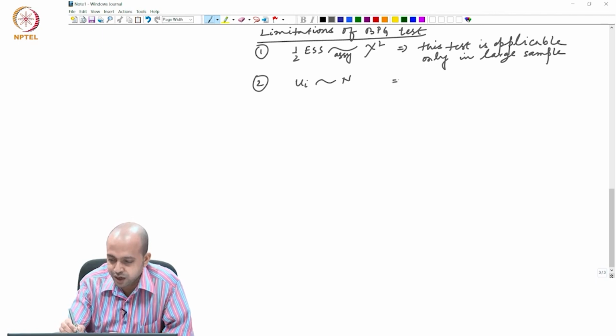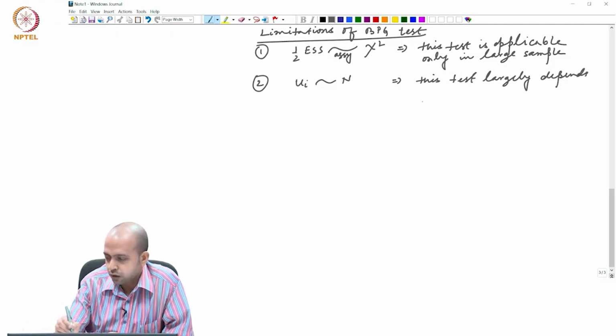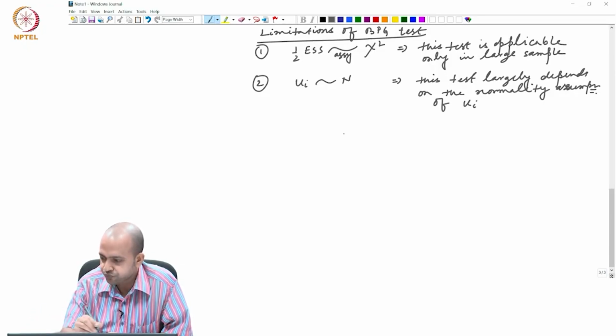That means this test largely depends on the normality assumption of ui in the original model.